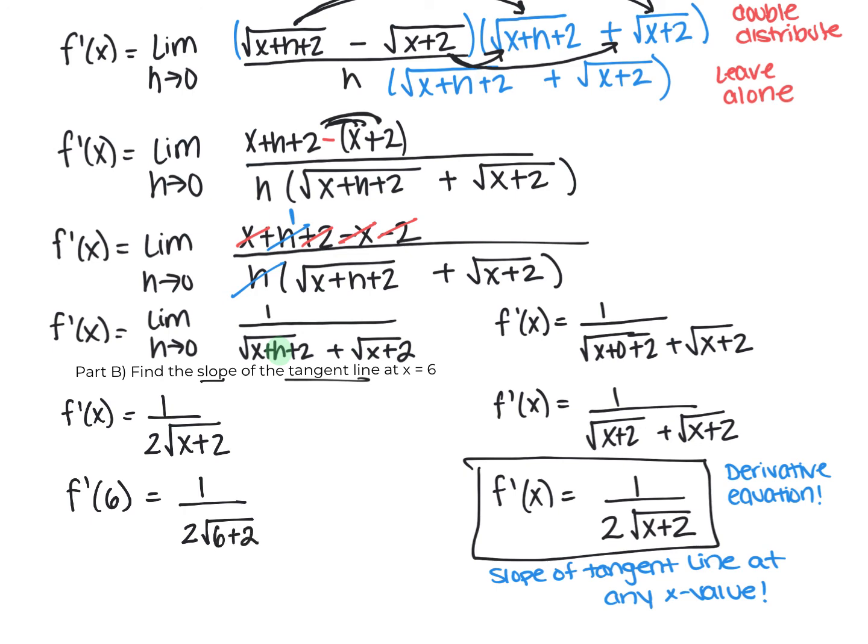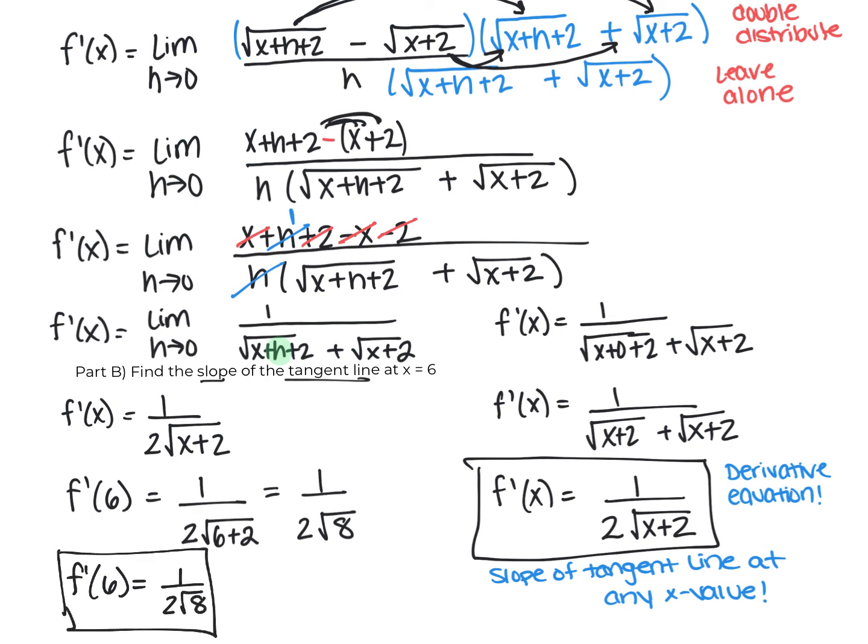So I'm going to get 1 over 2 radical 8. Now, technically, you're not allowed to have radicals in the bottom of a fraction. Technically, you should be simplifying this 8, but we're going to leave it like this for now. So f prime of 6 is 1 over 2 rad 8. So what you just found is the slope of the tangent line at x equals 6.